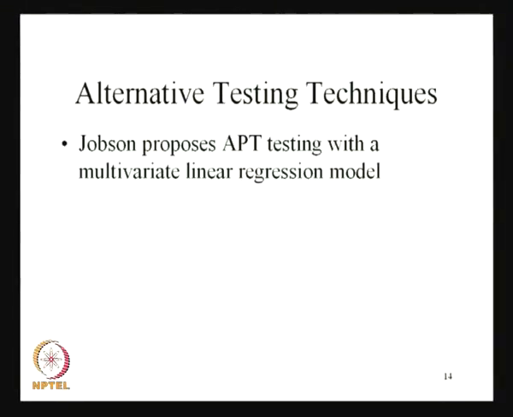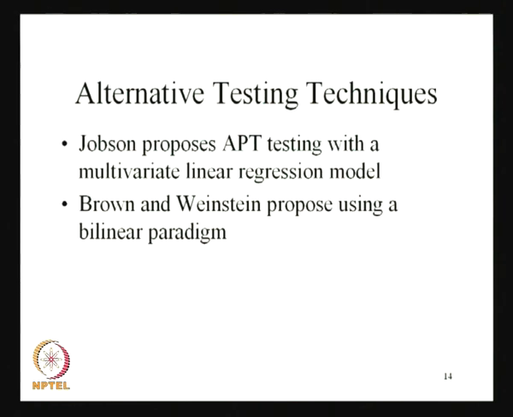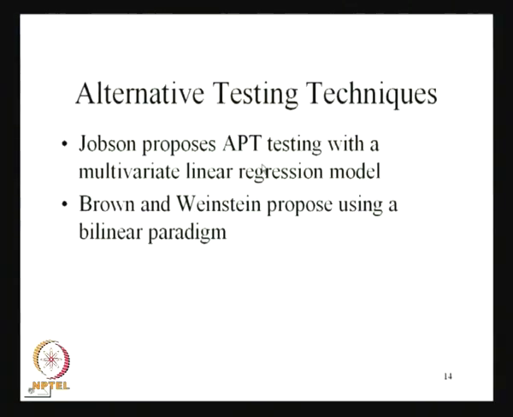That identification is quite important whenever we use this kind of model to identify the factors which affect the expected return of a particular asset or stock. It is more logical to identify those things as compared to other variables, so we should consider this whenever we talk about alternative testing techniques.